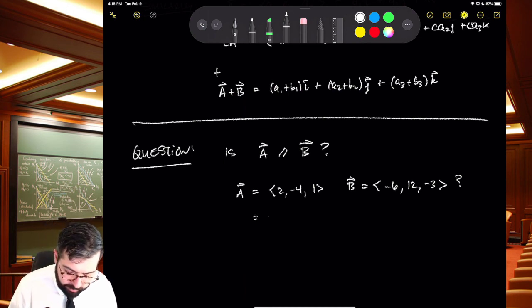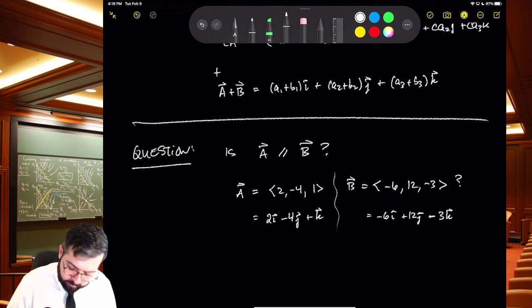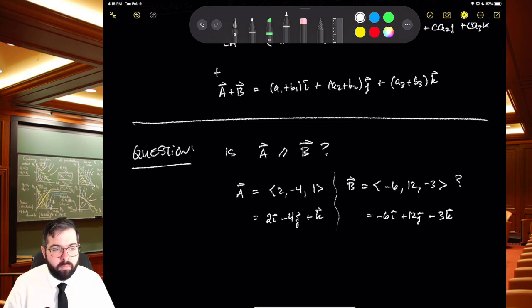And while we're here, we'll write them in their component form too. What do you think? Just by looking at these things in component form, are they parallel?